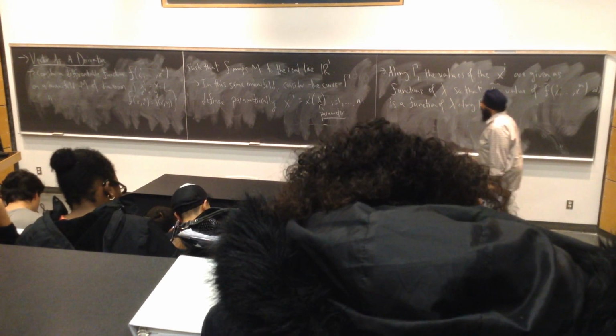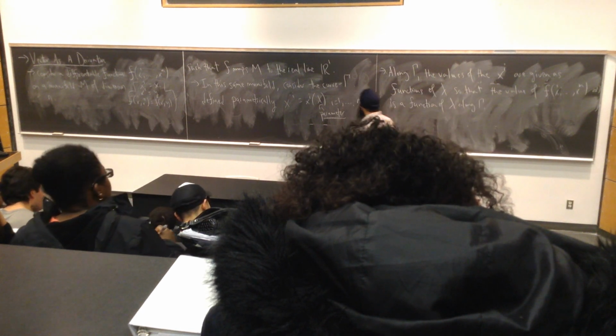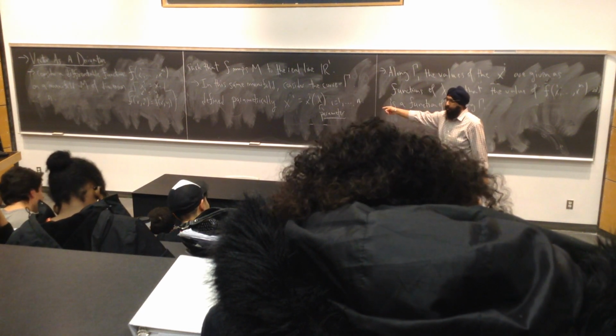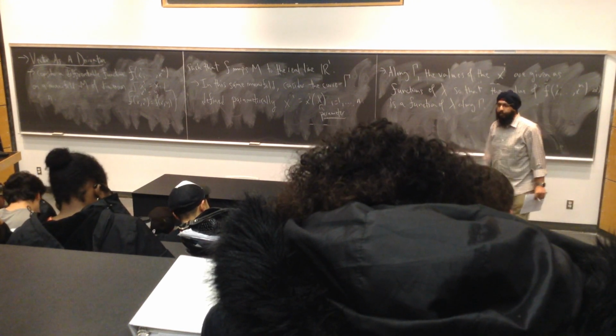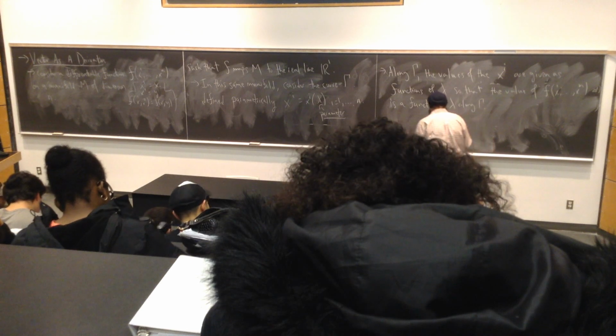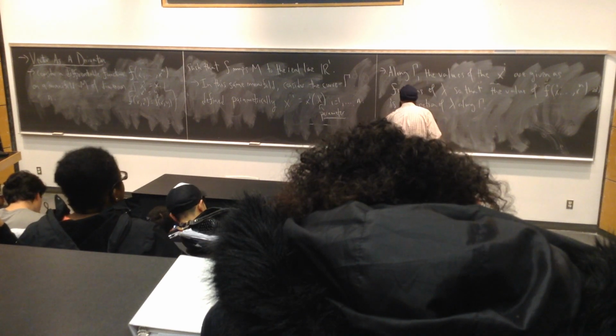So f is a function of x1, x2, x3, xn, but each x is a function of lambda. This way I actually parameterize the function along the curve.